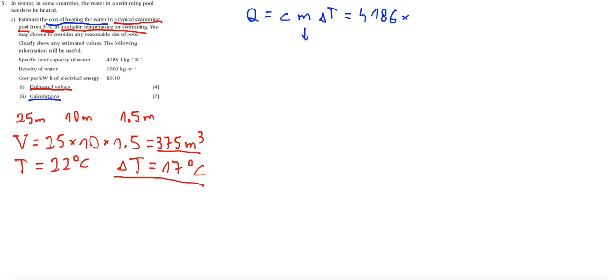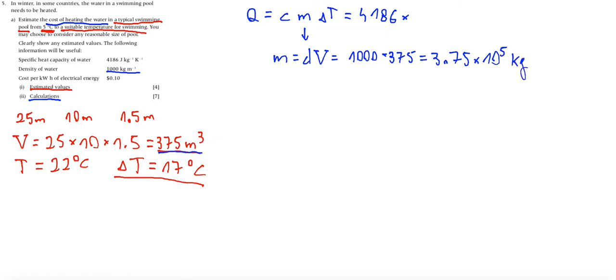The mass of water is not given directly, but mass is density times volume, and both density and volume are given. Density is 1000 kilograms per meter cubed, and volume is 375 meters cubed, so in standard units the mass is 3.75 times 10 to the power of 5 kilograms.